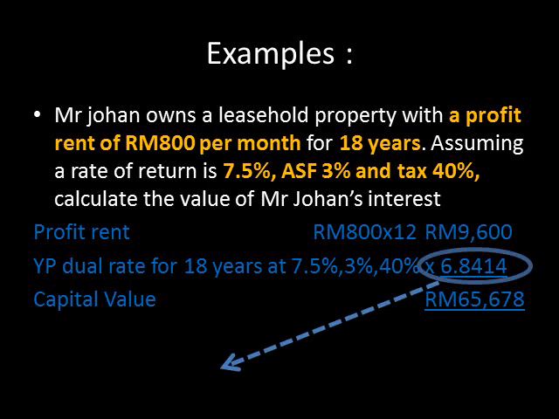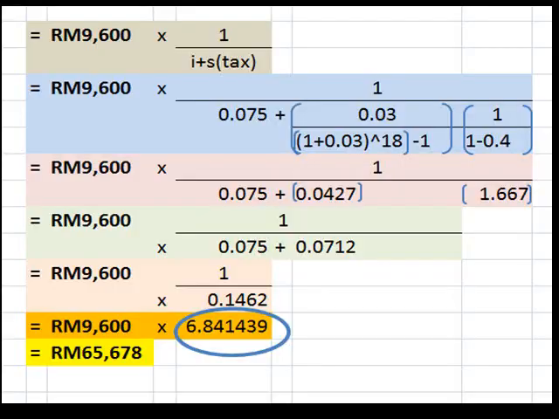So how do we get the 6.8414? Here you apply the formula of the YP2R rate that we have discussed before. It's quite complicated. If you recap, the formula is 1 over I plus S times tax. The I is 0.075.